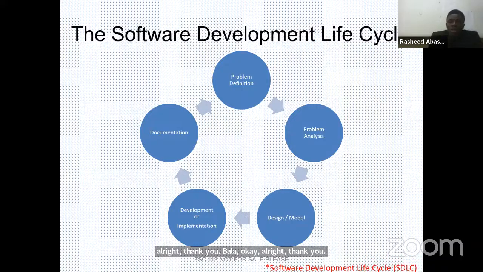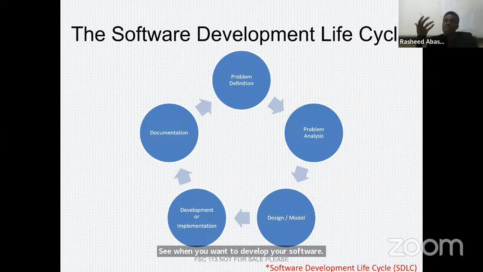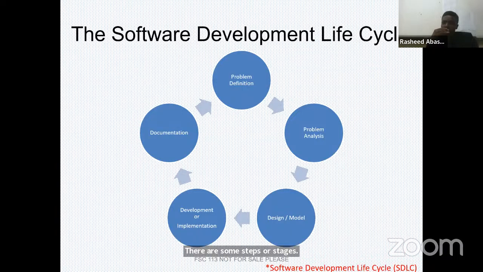So we have what is called the software development life cycle. What does this mean? When you want to develop your software, don't just say, oh, I want to develop a software, and start immediately. There are some steps, stages or phases that you follow before you develop your software.